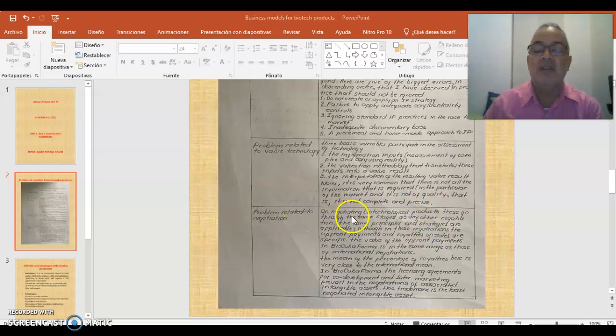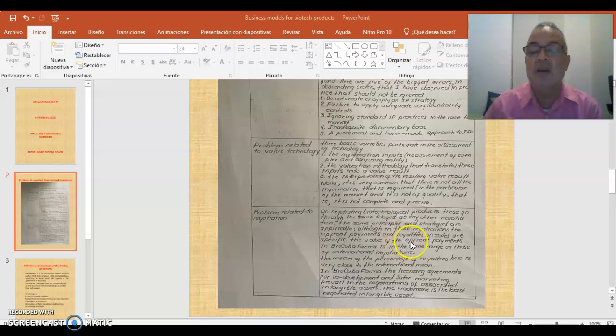Problems related to negotiation. Negotiating biotechnology products goes through the same stages as any other negotiation. The same principles and stages are applied in this negotiation. The upfront payment and royalty on sales are specific.